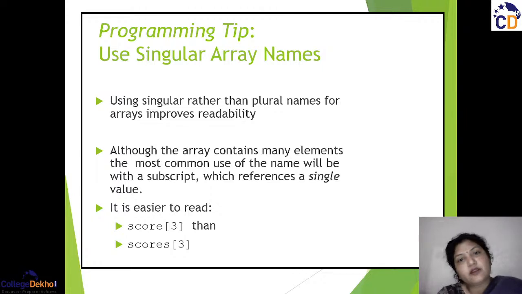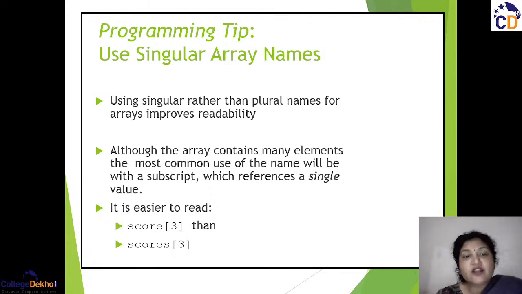Use singular array names. Using singular rather than plural names for arrays improves readability, like score3 rather than scores3. If your array is already a collection that contains the elements, why use a plural?